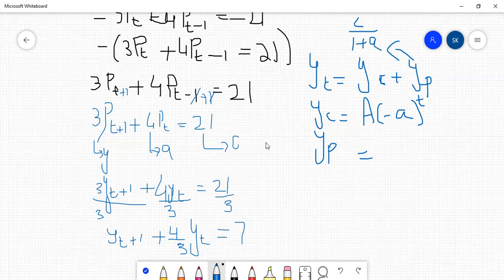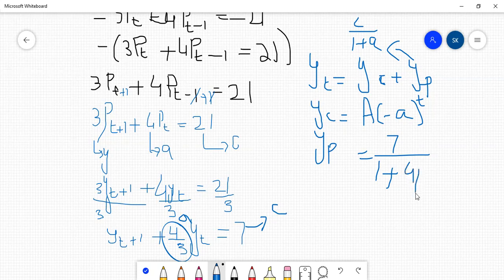So the value of C is equal to 7. We know that this 7 is equal to C, clear? Divided by 1 plus the value of A, which is equal to 4 by 3. So 1 plus 4 by 3 will come over here, and therefore Yp is equal to 7. Now by taking the LCM in the denominator, we get 3 plus 4 upon 3.